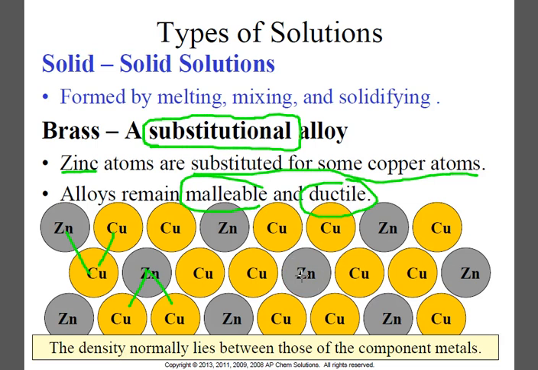Interstitial alloys are going to be stronger than substitutional alloys. Your density is going to be somewhere in between your two components. It's not going to change the density except to kind of average the two. Whereas with interstitial alloys, your metal has these atoms in between it now, so it's going to be more dense.